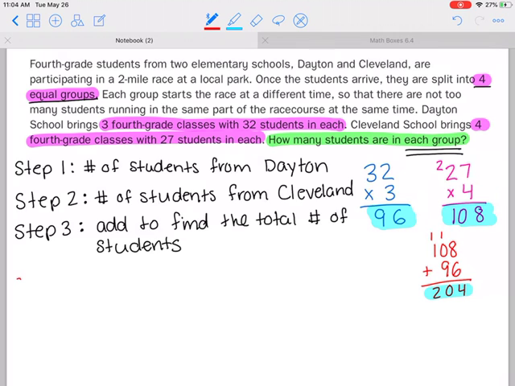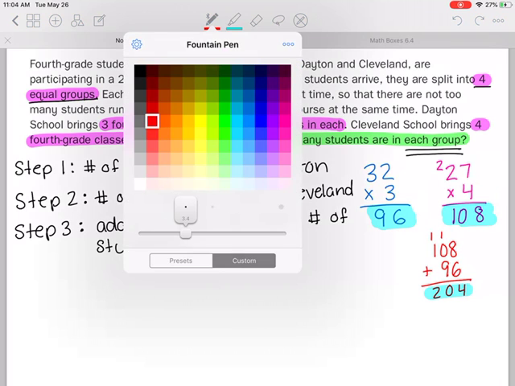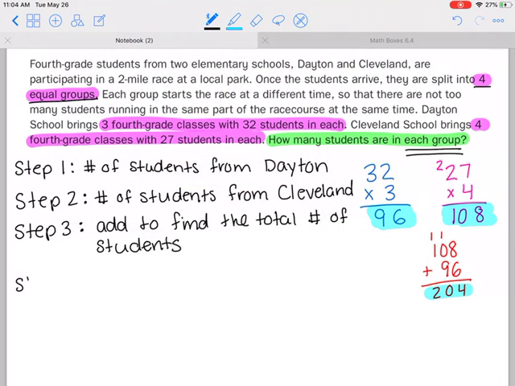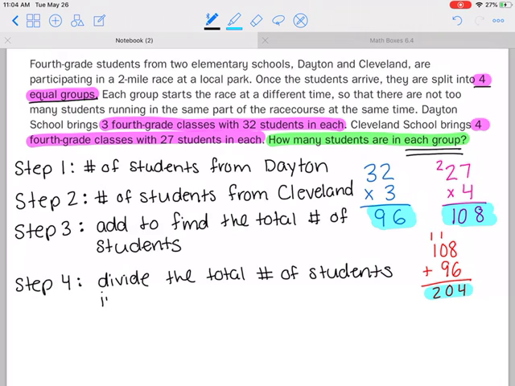So step number 4 is divide the total number of students into 4 equal, I'm going to underline equal, groups. Because they have to be equal.